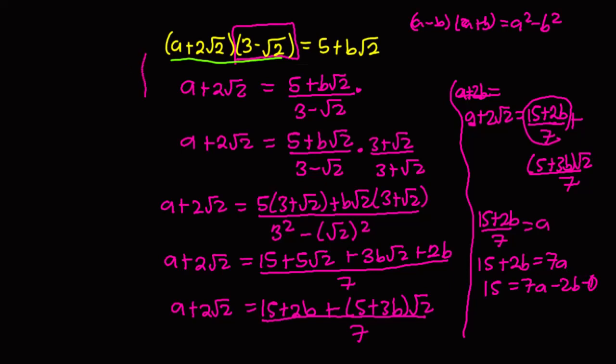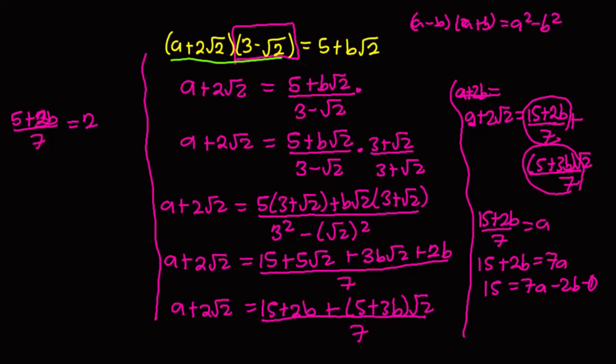Then also, we can see that this whole thing carries a surd. So we can say that 5 plus 3b all on 7 is equal to 2. Sorry, it's 5 plus 3b.